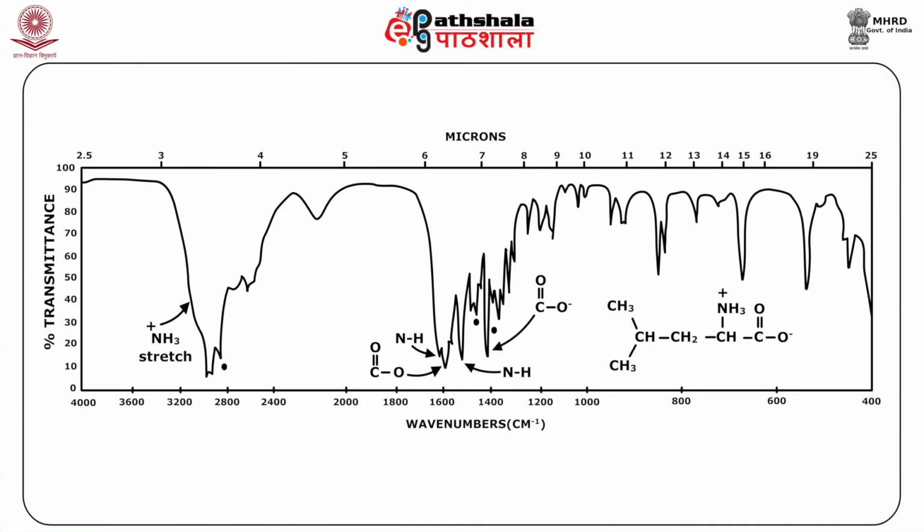The band due to asymmetric stretching, which is a strong band, occurs near 1600 cm⁻¹, while symmetric stretching, which is again a strong band, occurs near 1400 cm⁻¹. The amine salts show an NH stretching frequency in the range of 3300 to 2600 cm⁻¹ as a broad band.